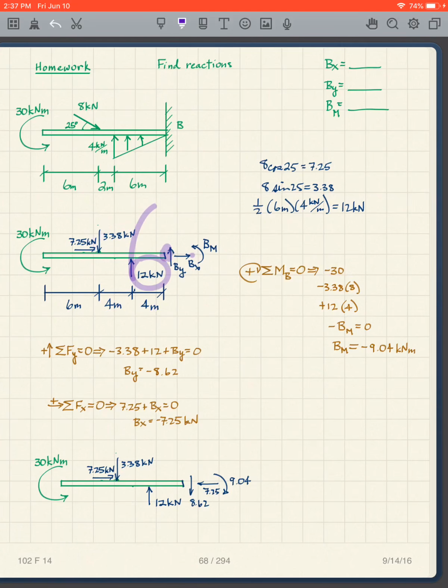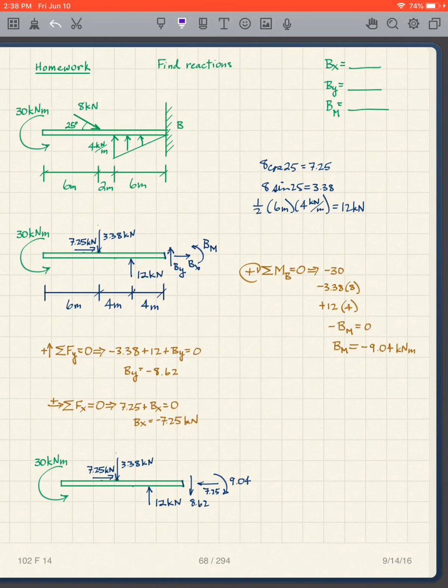It's going to be positive 12 times 4. And then as I've shown it, this is counterclockwise. So that's okay. If it's counterclockwise, I simply write minus BM. I solve for BM, I get negative 9.04, which means what? I'm going to have to flip the arrow around.